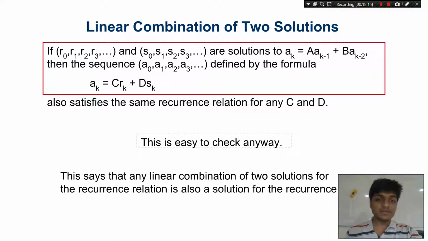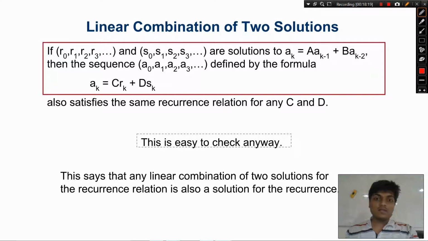So how do you obtain such solutions? If sequence one and sequence two are solutions to a general recurrence of the form a_k equals a_{k-1} plus b a_{k-2}, then any linear combination of these two sequences will also be a solution to this recurrence.